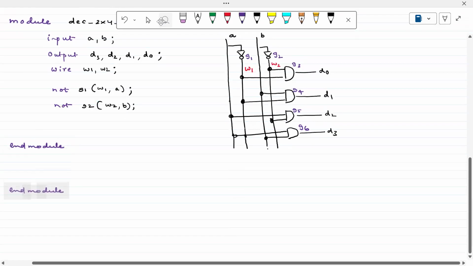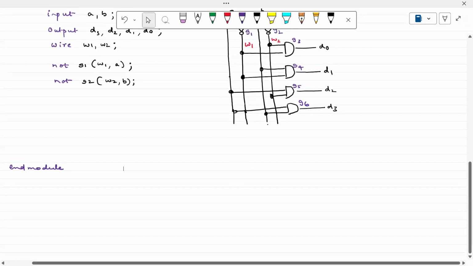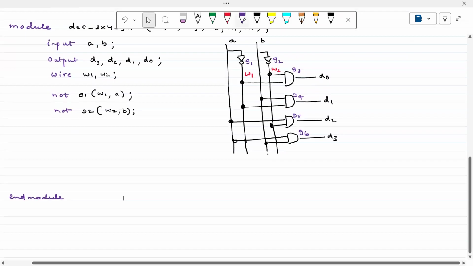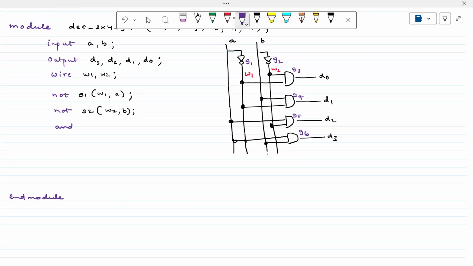4 gates are required. Let me write the 4 gates here also. AND, G3. What is the output here now? D0, comma, W1, comma, W2, right? Like this. So I'm talking about this gate.